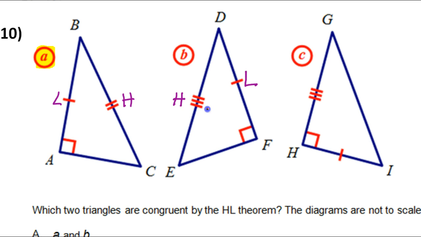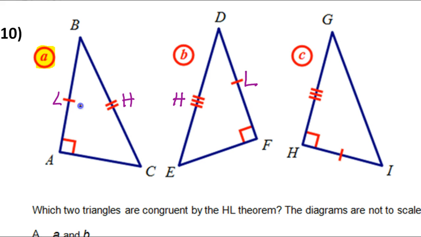But wait a minute. The markings. They have a double mark on this hypotenuse, and they have a triple mark on this hypotenuse. I really feel like this is a trick question.